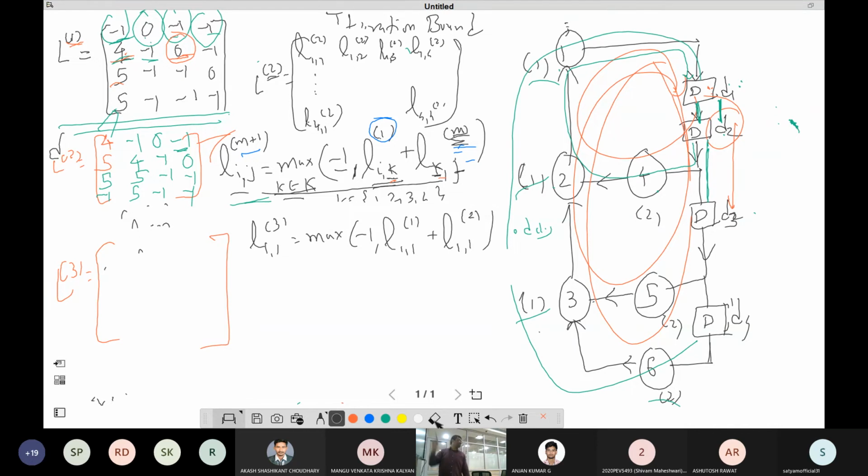Here it is M, so M plus 1 is 3, so M has to be 2.